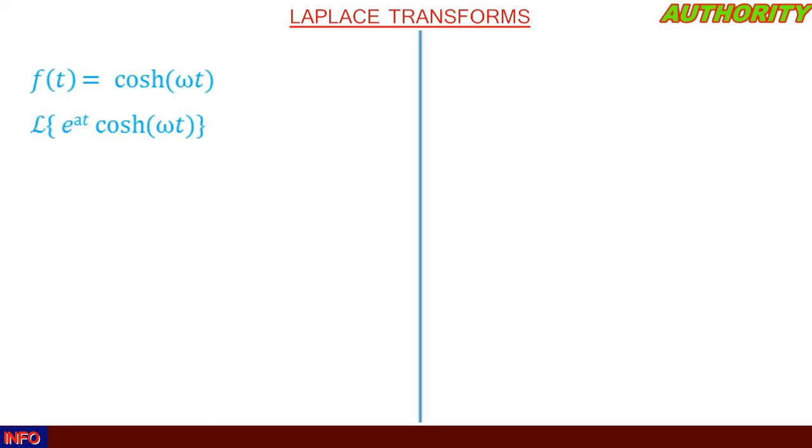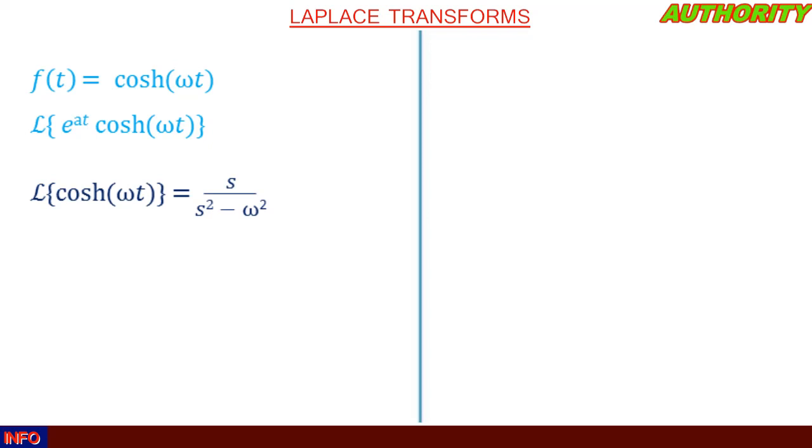First of all, we find the Laplace transform of cosh omega t. The Laplace transform of cosh omega t is going to give us s all over s squared minus omega squared. Good.